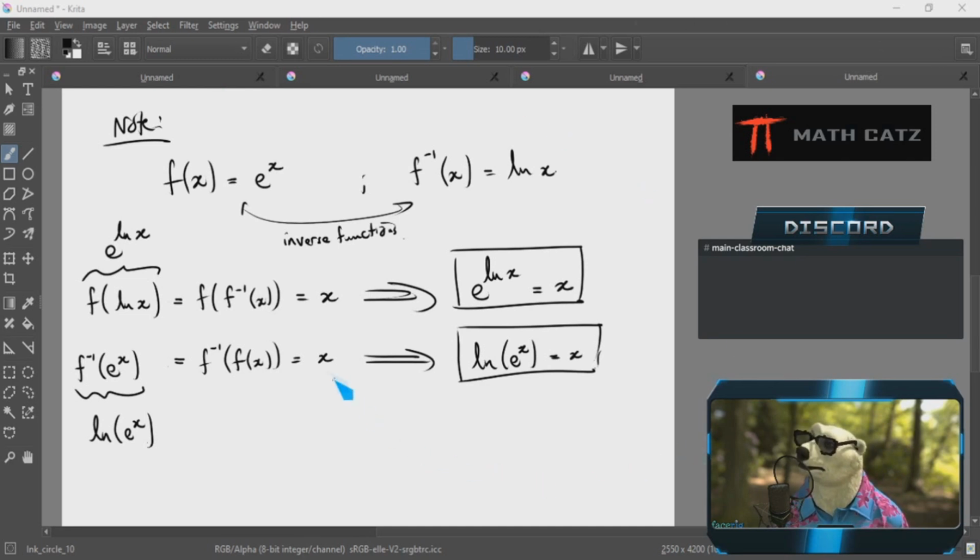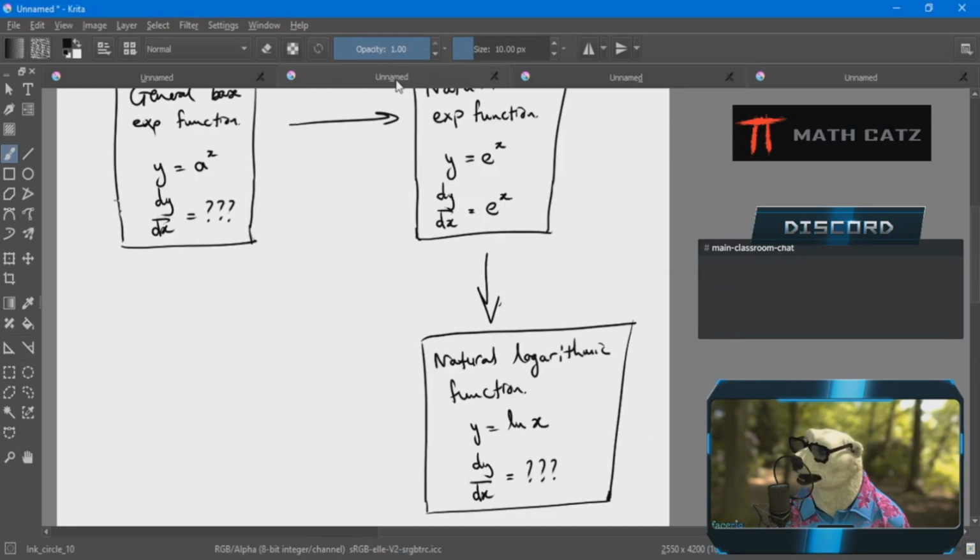Let's delve into those properties tomorrow and focus on the derivative instead. Now, there's good news and bad news here. What do you want to hear first? When it comes to the derivative of natural log of x, there's good news and bad news. Which one do you want to hear first? The good news or the bad news?